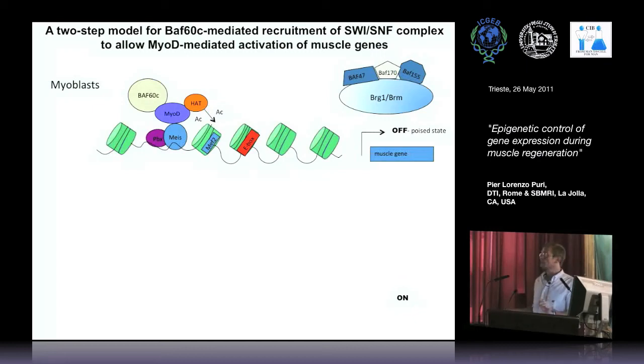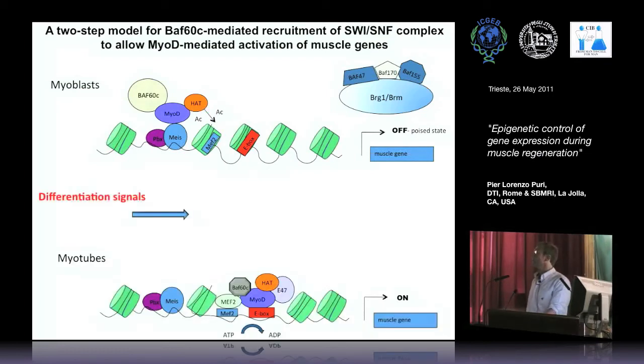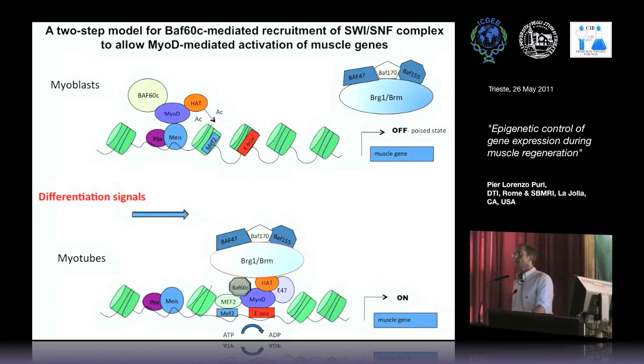So only in cells with MyoD, BAF60C is recruited to this promoter in a seemingly silent conformation that, however, signals where the SWI/SNF complex should be recruited upon phosphorylation. So this is the two-step signal that somehow provides a completely novel view of how this SWI/SNF complex is redistributed.